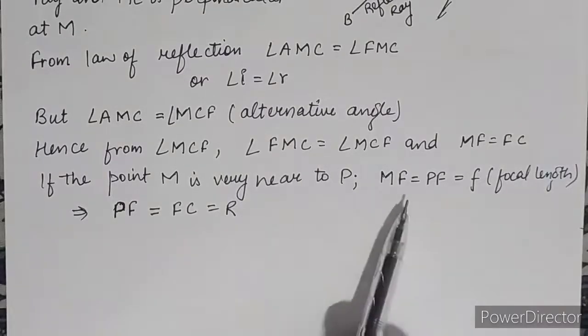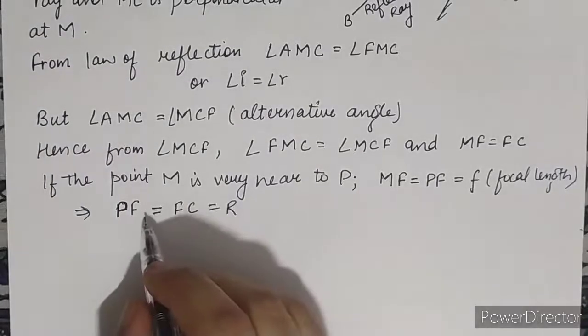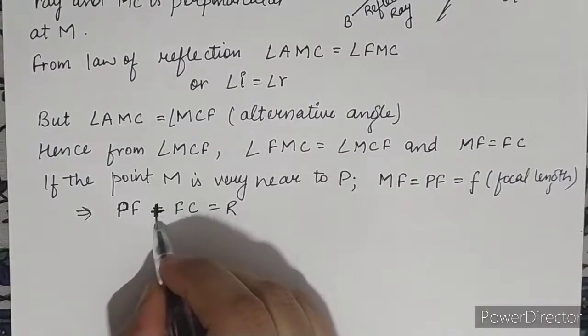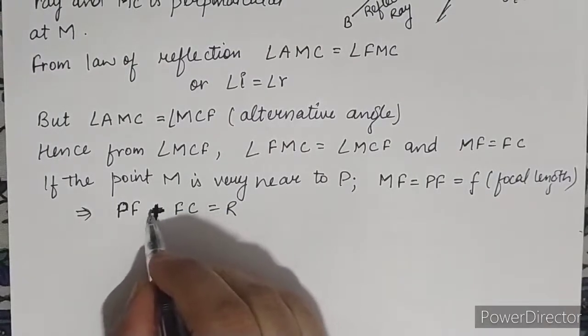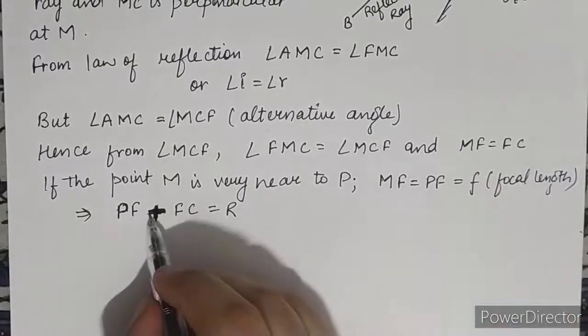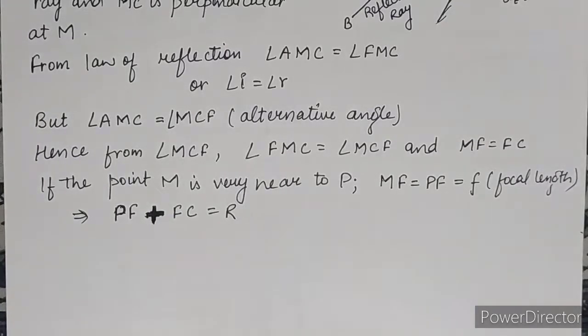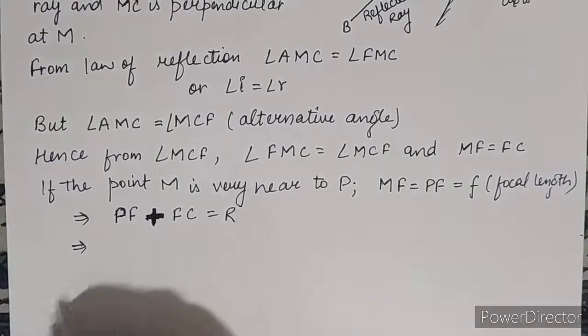Okay, so here PF plus FC, the equal sign we have already told before, here we have to use the plus sign. So PF plus FC is equal to R. So what is the value of PF?